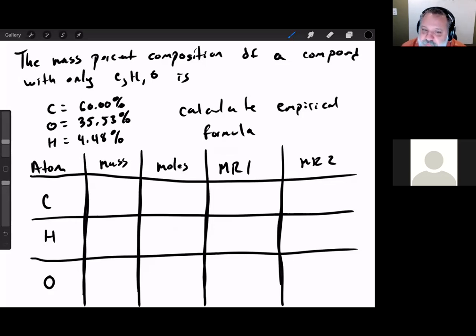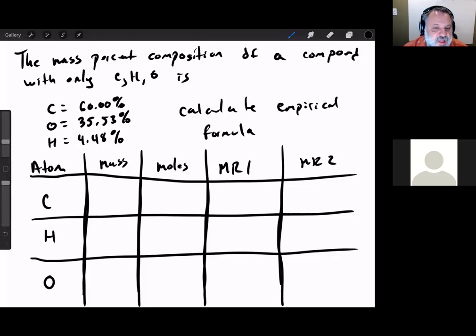Aha. I love this. So this is great. This is good times. So the comment was made, 100 grams. Well, I'm not giving you the masses in this case. I'm giving you the mass percent composition. So what does that mean?